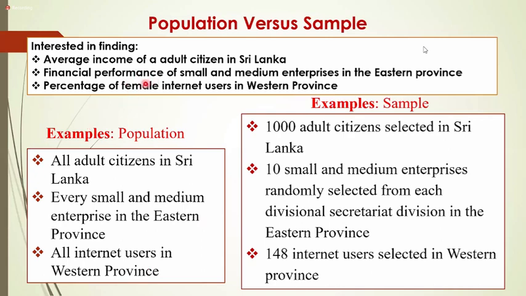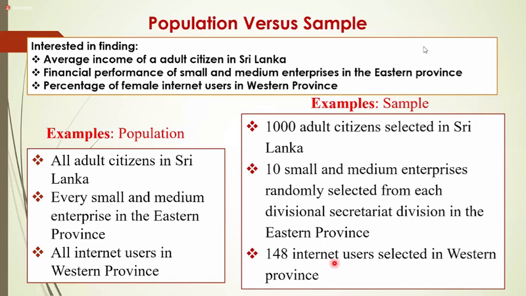So to identify the female internet users, we use all internet users in the Western Province, because our region is the Western Province. Then how do we define our sample? Only 148 internet users selected in the Western Province. Right? We are looking at only 148 internet users.